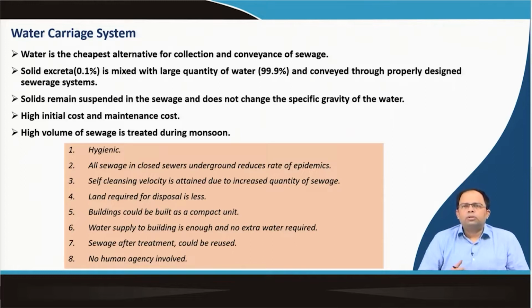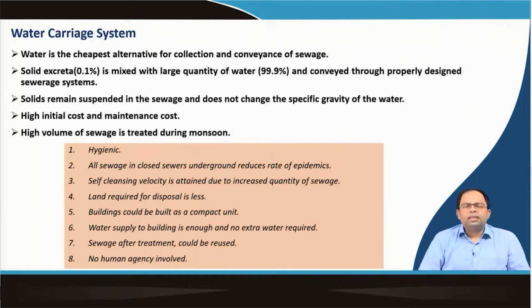So, we need to make those considerations, but in general the idea is it is mostly water, and the system is designed thinking in terms that we will be carrying water throughout. Solids remain suspended in sewage, and it does not change the specific gravity of water more or less.